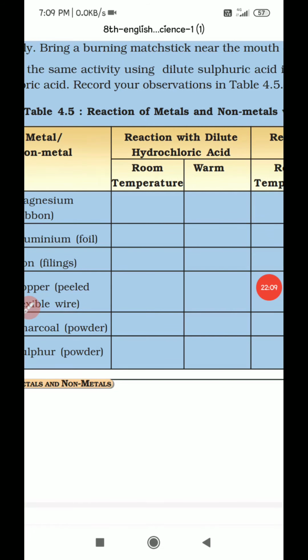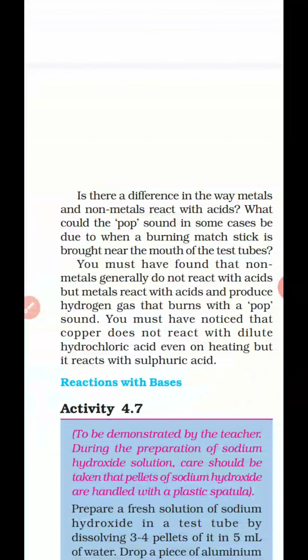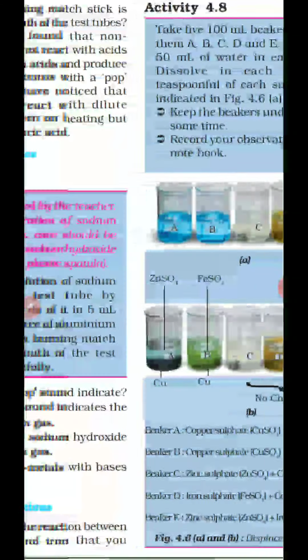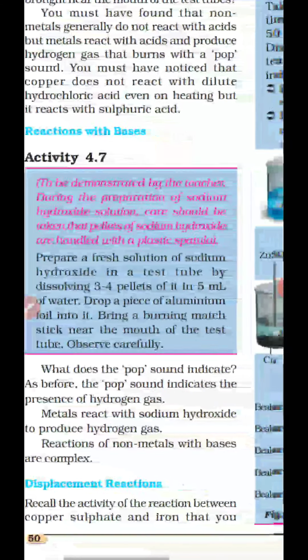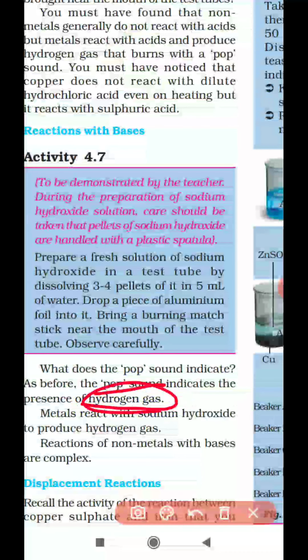Okay, we have learnt what happens when a metal reacts with acid. So when a metal reacts with acid, we will have a pop sound. What does that pop sound indicate? That pop sound indicates the gas which is liberated. The gas which is liberated is hydrogen gas.